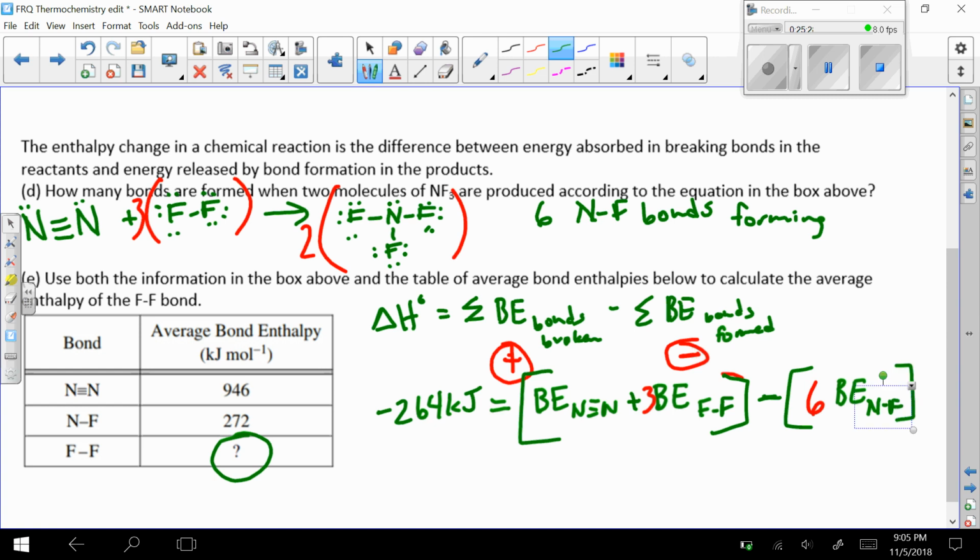Now we can plug in some numbers as we look those up. So this is the enthalpy of that overall reaction. Let's look at the bond energy of the nitrogen-nitrogen triple bond, which requires 946 kilojoules.